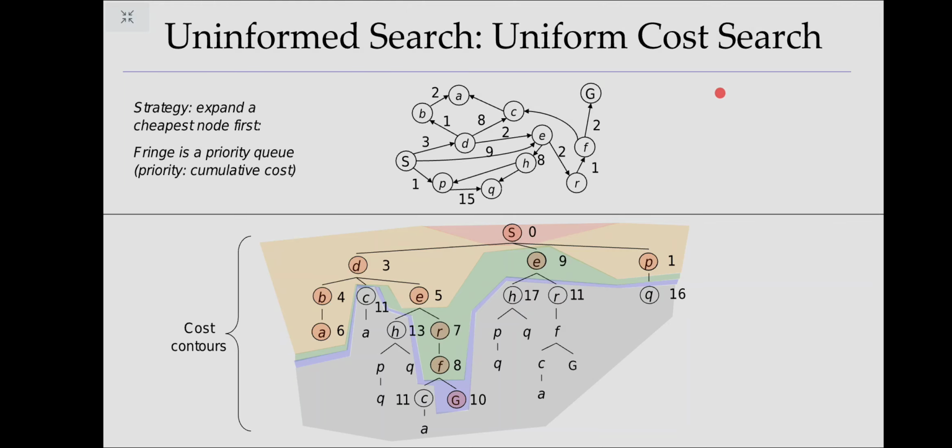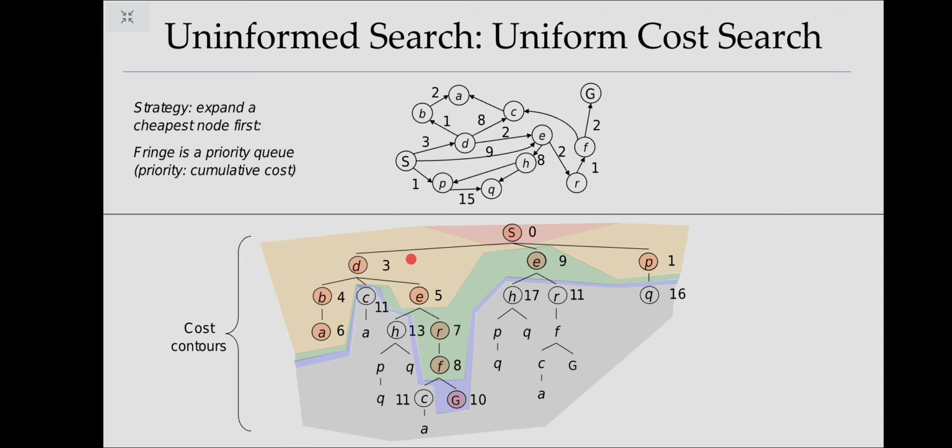Now, for uniform cost implementation, we start from S and continue a greedy searching algorithm. In a greedy searching algorithm, the node with the least label is chosen for the best exploration.